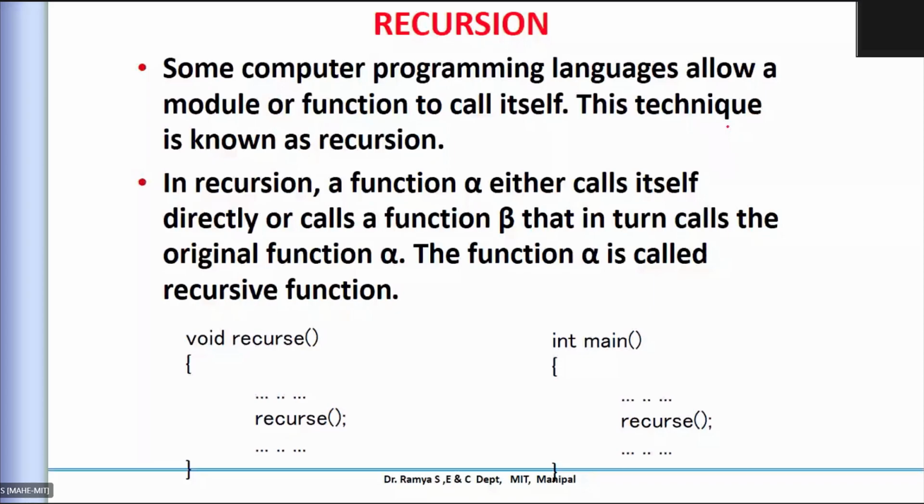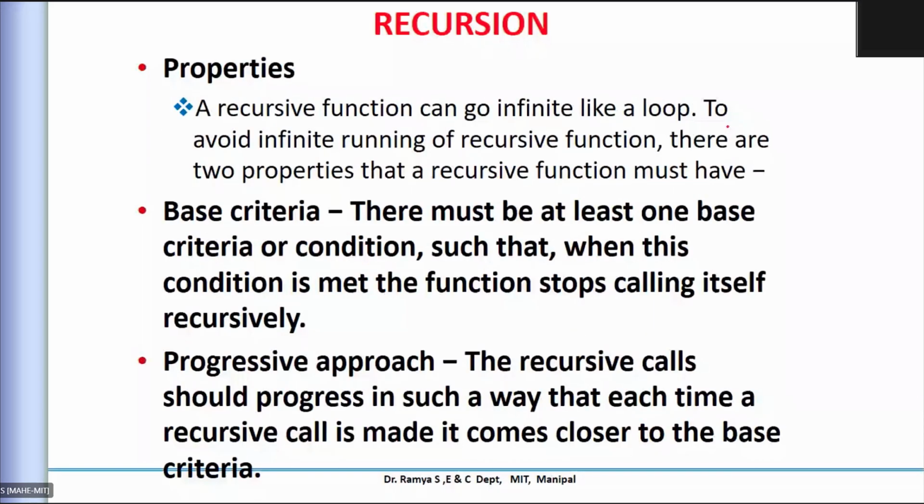So I'm repetitively calling itself. That is the recursion program. It is well known, whenever you calculate, say, 1 into 2 into 2, or any polynomial, that is how you do it for a progressive approach. We'll take one example on that.